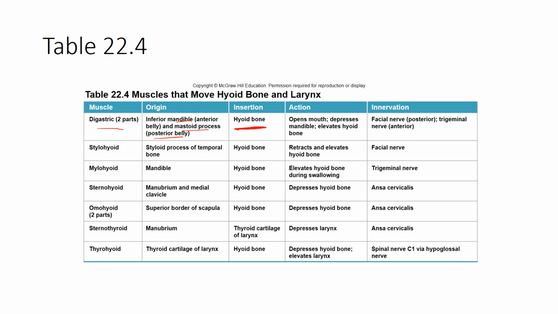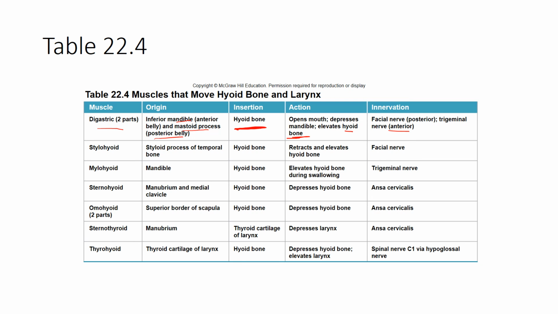Very important bone. It helps with swallowing, holding the vocal cord, a lot of things. It opens the mouth, depresses the mandible, and elevates the hyoid bone. This actually helps you with speaking. As I speak now, this helps me a lot. The innervation will be the facial nerve for the anterior belly, and the trigeminal nerve for the posterior.